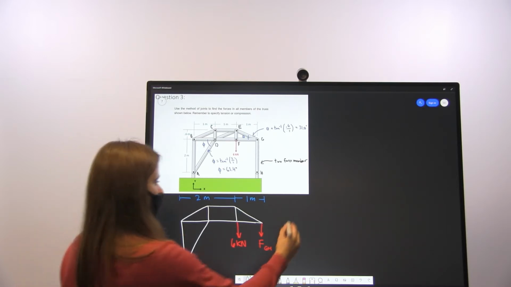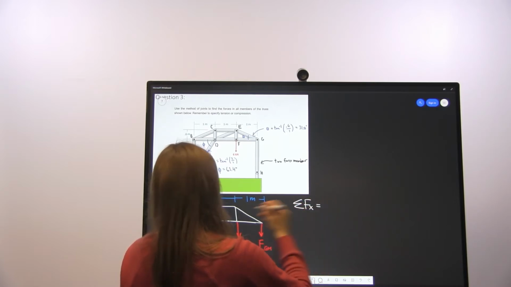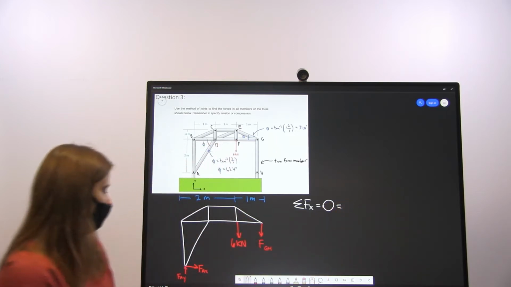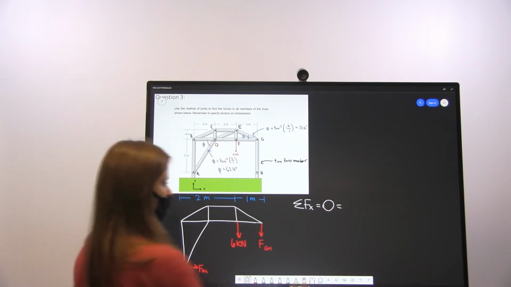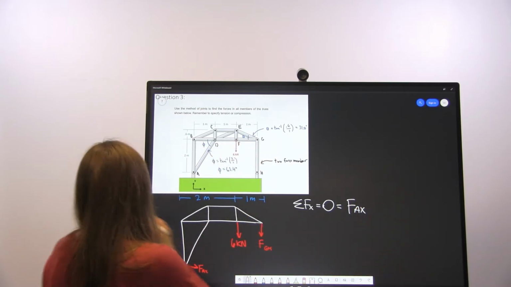So let's write our equilibrium equations. Our net forces in the X direction are going to be equal to 0, and the only force we have in the X direction is FAX. So FAX is equal to 0.